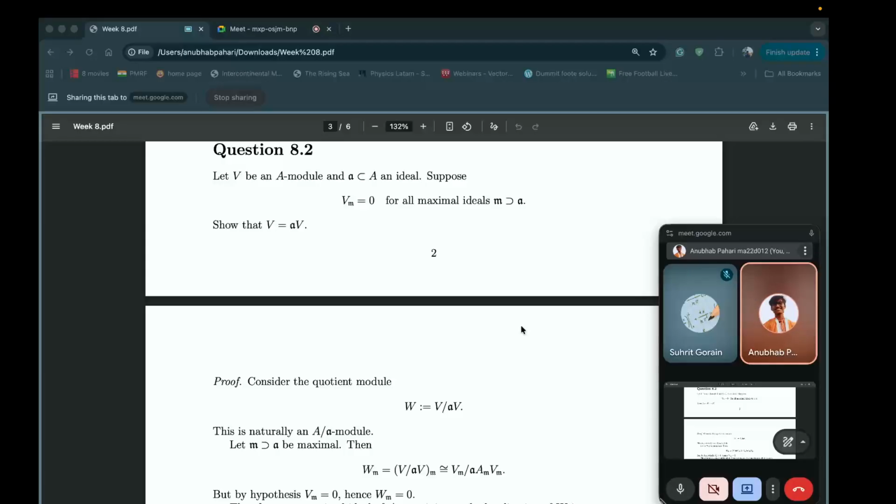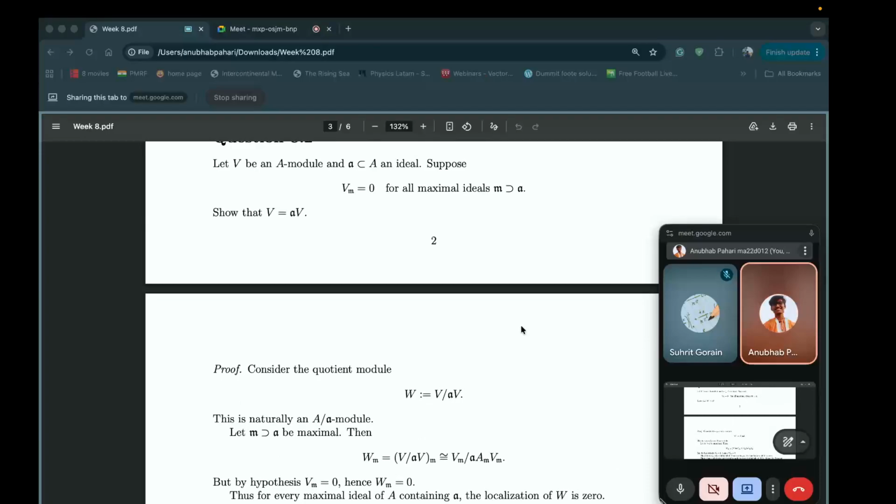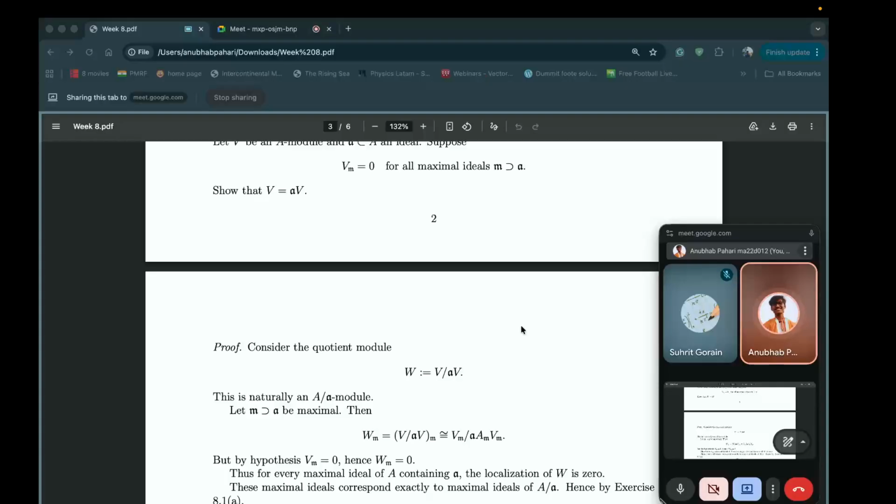Now again, if you consider the quotient module W equals V mod aV, you'll see that it is naturally an A/a-module, because if you take any element x plus a from A/a and multiply it with v plus aV, then you would see that it would be xv plus aV, as an element of V mod aV.